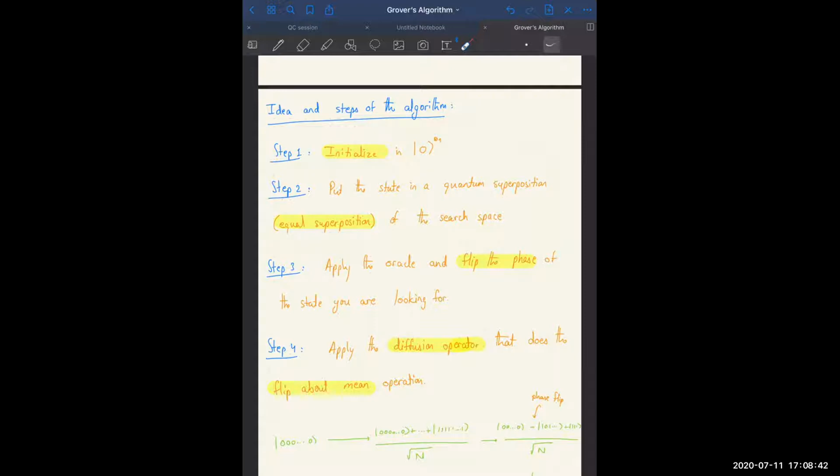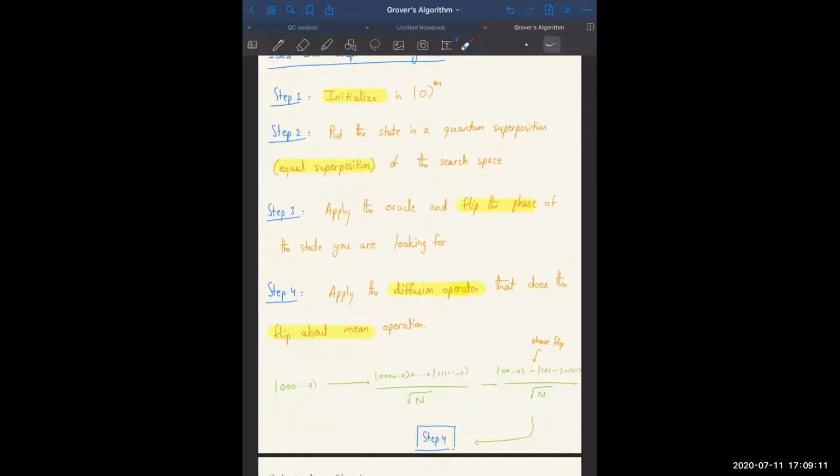All the search space would just be from 0, 0, 0 till 1, 1, 1. And then we apply something called a flip on the phase, which is what we've learned before. So we take a minus state and then put an X gate on it whenever we get our specific input that we're searching for. So when we get x equal to x0, we put an X gate on this minus state, and then we get a minus adjacent to that state specifically.